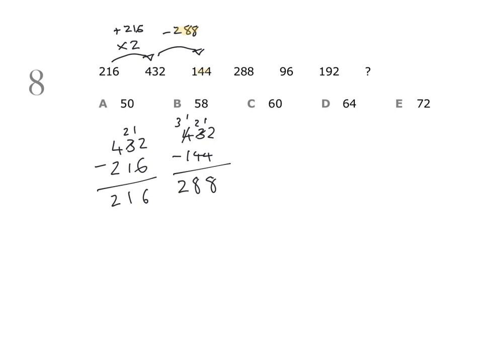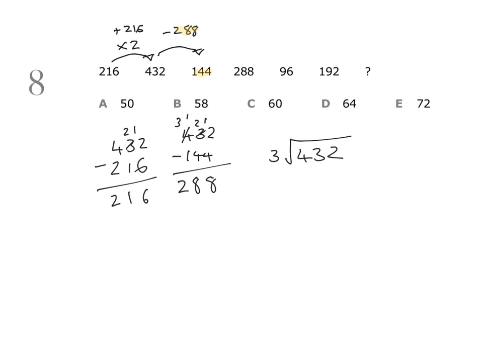So what I actually notice here is that 288 is 2 lots of 144. Which tells me that if I've got 432 and I'm subtracting 2 lots of 144, and that gives me 1 lot of 144, that means that if I do 432 divided by 3, I will get 144.